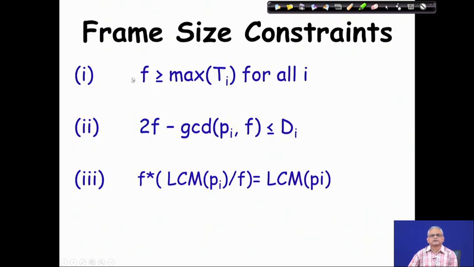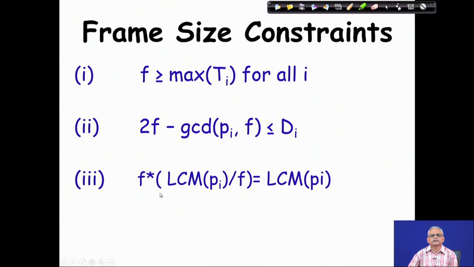So, these are the three constraints. The frame size must be more than every task execution time, 2f minus GCD(pi, f) must be less than di for every task, and the LCM of all periods, which is the major cycle, must be squarely divided by the frame size.